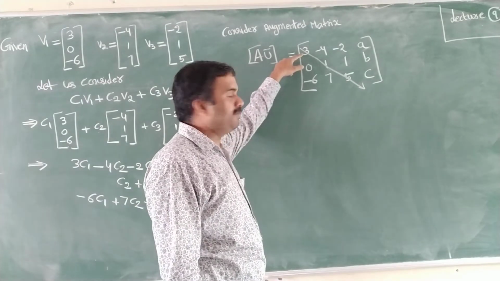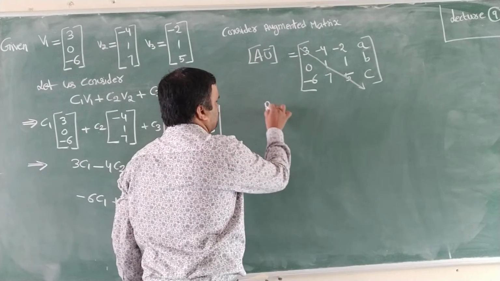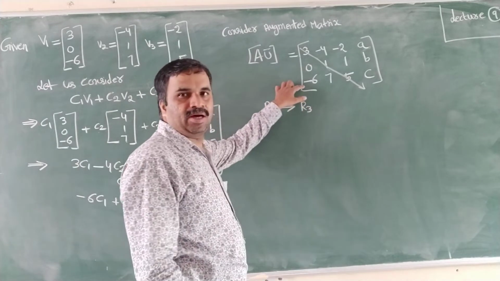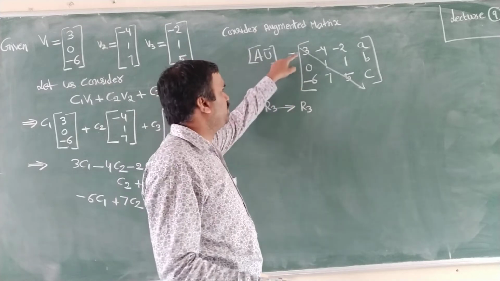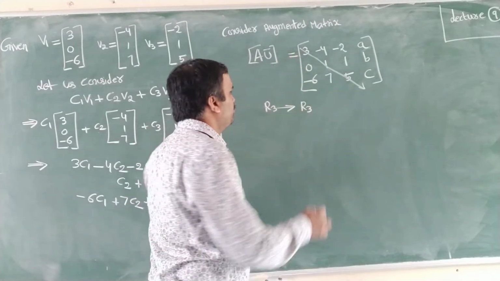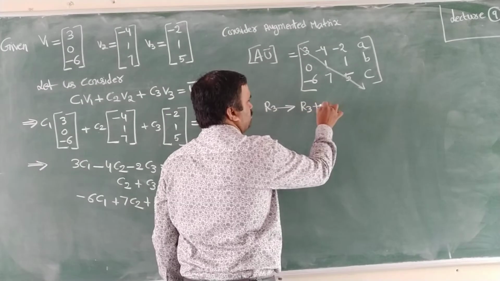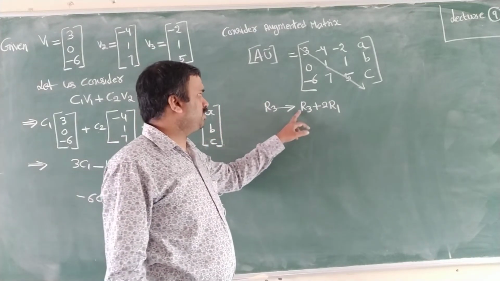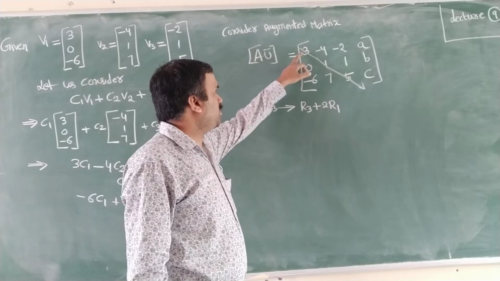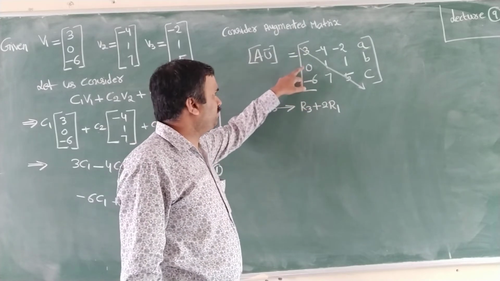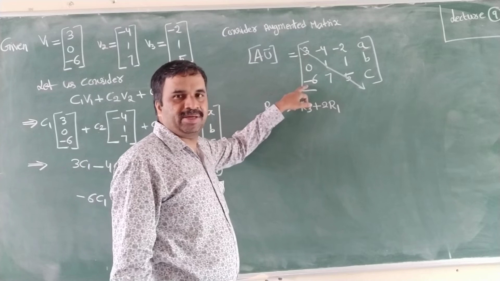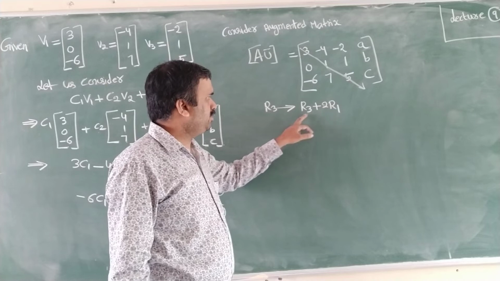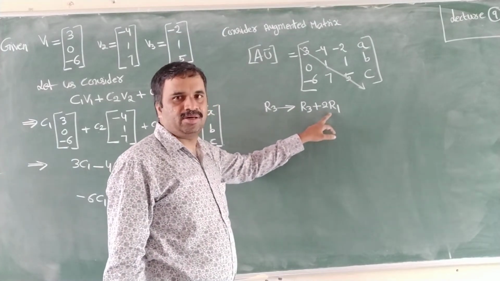Since 3 times 2 is 6, the row operation is R3 implies R3 plus 2 times R1. The second row already has 0 there.